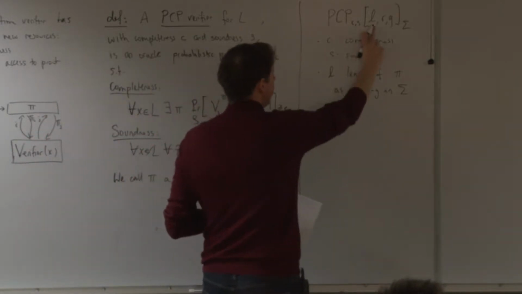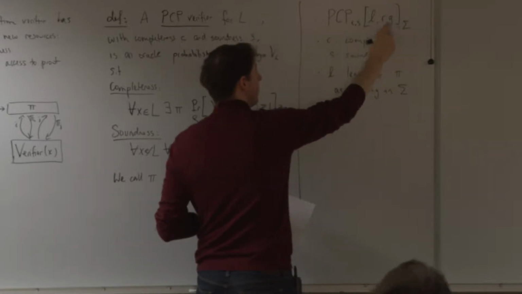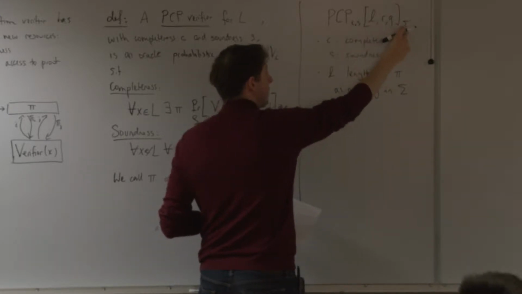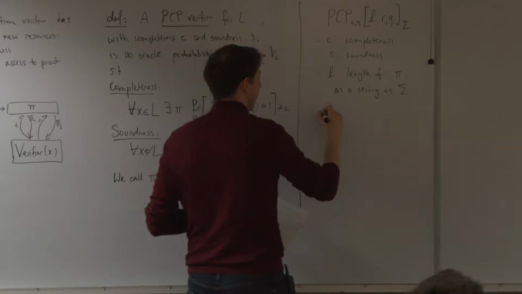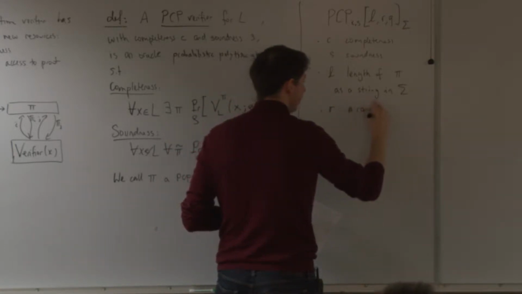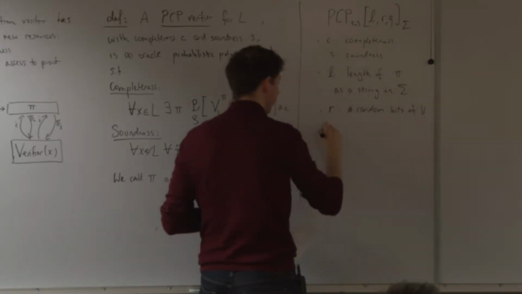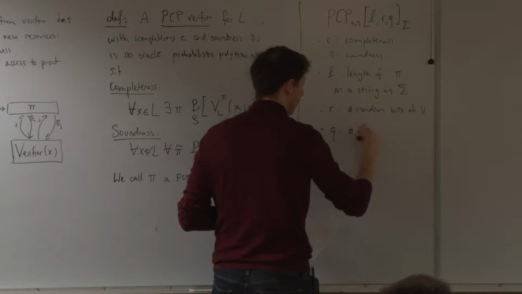Typically, if you don't see this one here, then you should assume that it's over bits. But if you see both of them, then typically this one means the number of symbols from there. R is going to be the number of random bits of the verifier, and Q is going to be the number of queries.